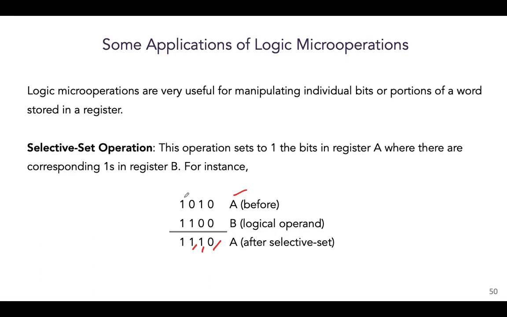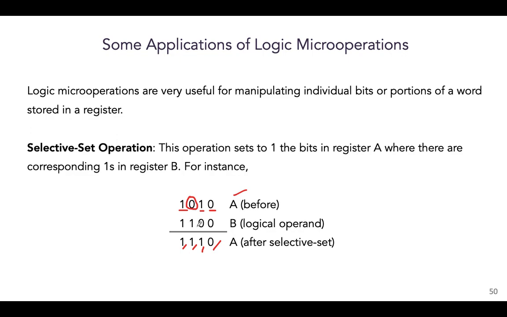And this was 1 in A, and the corresponding bit in B was also 1, so again nothing happens, it remains the same. So these bits of A remain the same, but this bit changes because corresponding to it there was a 1 in the other register.